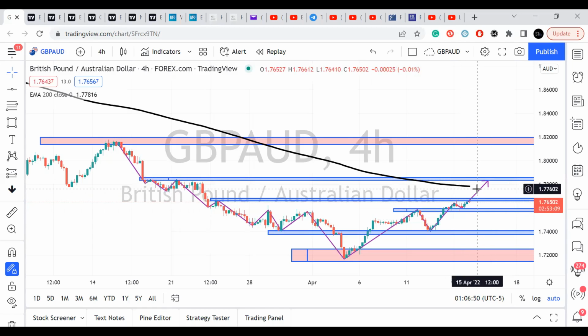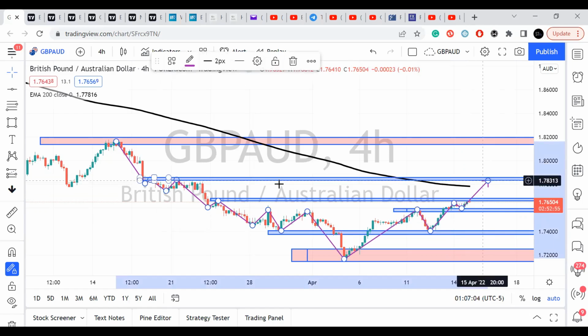Price is going to break, then come back to retest here before continuing to the upside. So if this breakout happens now, price is coming to this price. You see where this line is, price will hit here, then drop for the retest.